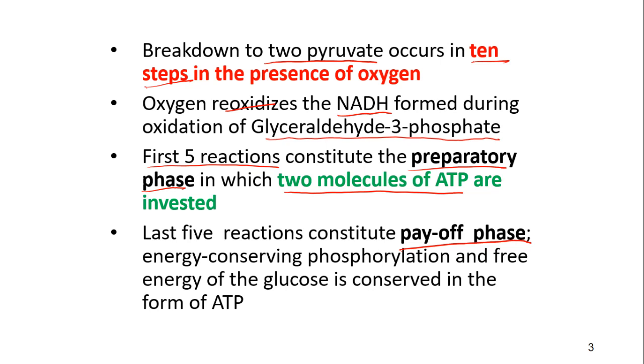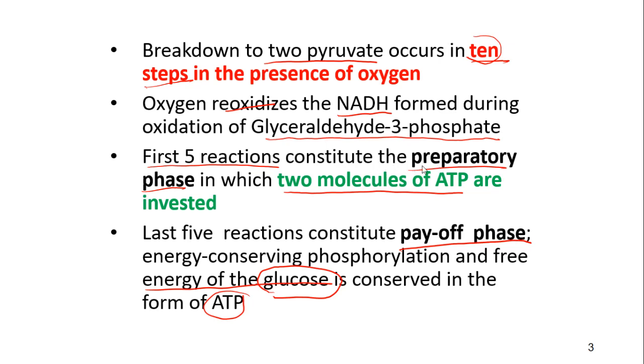So during the payoff phase, the energy is now being conserved in the form of ATP, and this energy is simply coming from glucose. Let me repeat once again. Glycolysis has 10 steps, and these 10 steps are divided into 2 phases.